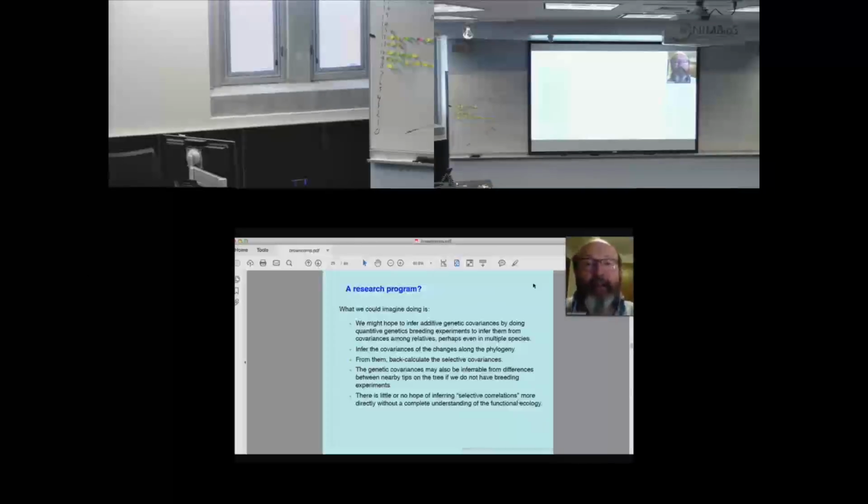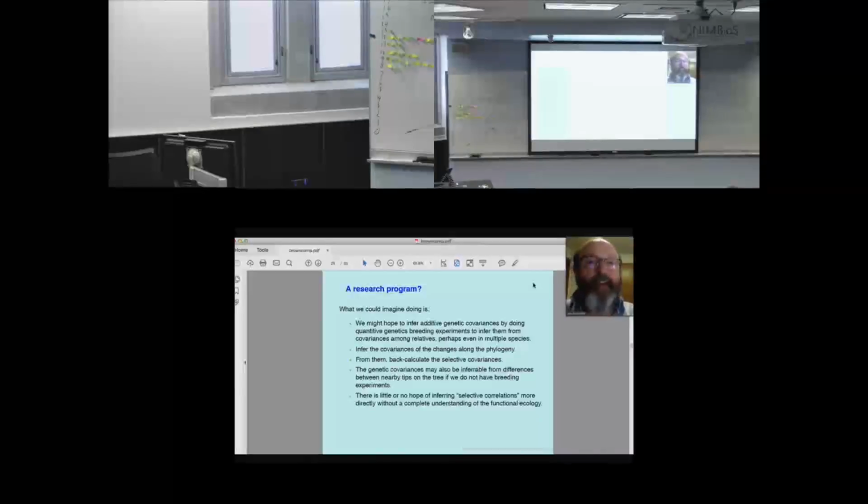But we will be talking about multiple characters, some of which may be size, and how they're changing on a phylogeny and trying to infer the covariation. That's really where we're going from here. And it's a good moment to raise this because I was just about to invoke some of these things.